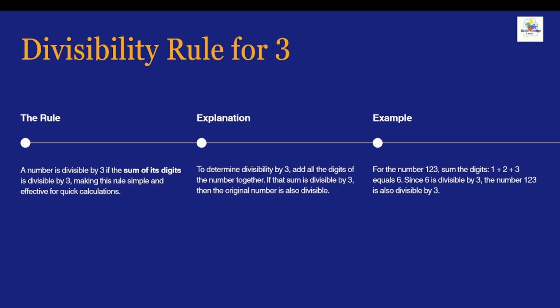The explanation: to determine divisibility by 3, add all the digits of the number together. If the sum is divisible by 3, then the original number is also divisible. Next, we will have an example. For example, 1, 2, 3. Sum the digits. 1 plus 2 plus 3 equals 6. Since 6 is divisible by 3, the number 123 is also divisible by 3.